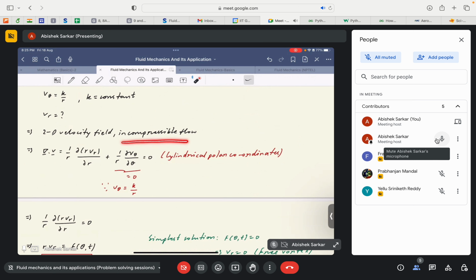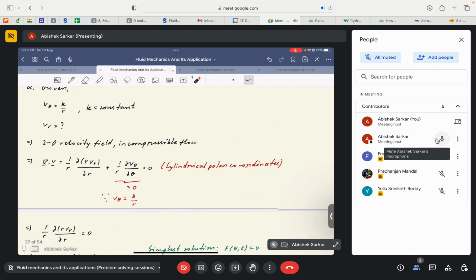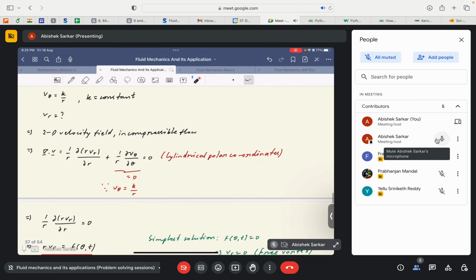So the mass conservation takes the form of the divergence of the velocity field being equal to 0. We write this divergence for the two velocity components in the cylindrical coordinate system as this.